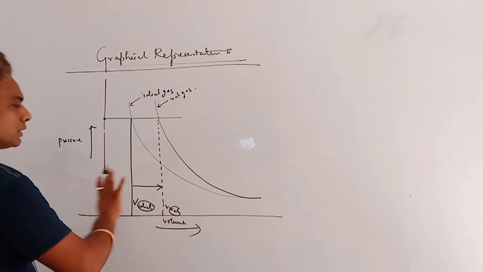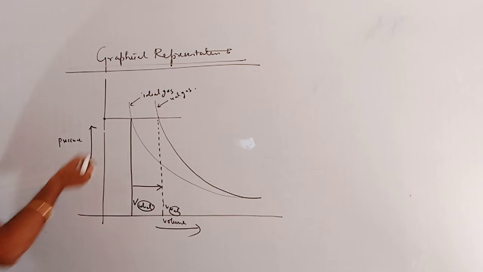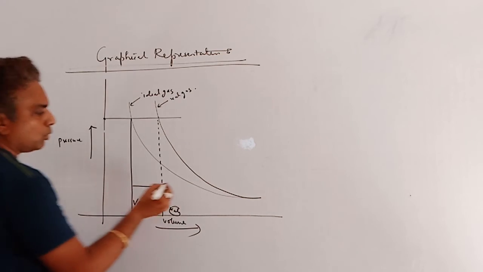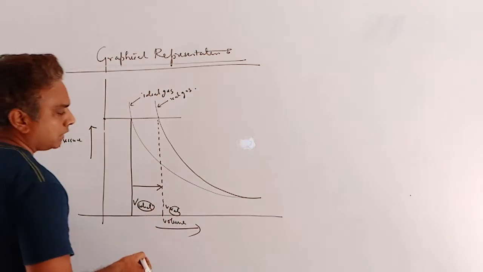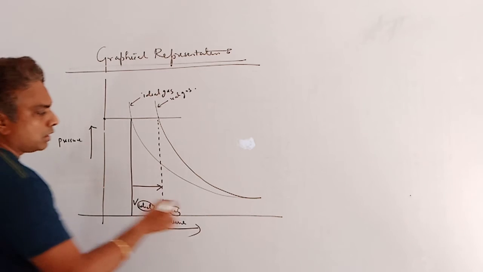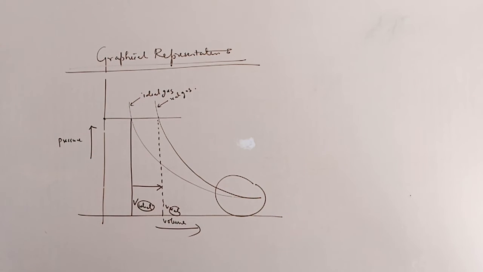V real is always greater as compared to V ideal due to the particle size. But at very low pressure both curves coincide. Why? Since at very low pressure a real gas behaves as ideal, both curves overlap each other.